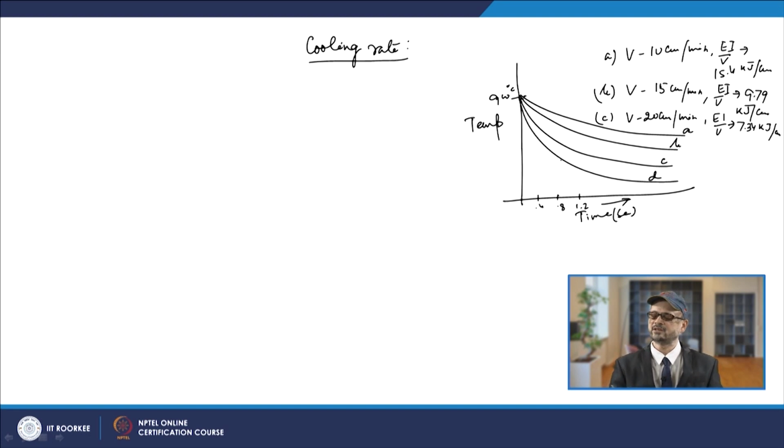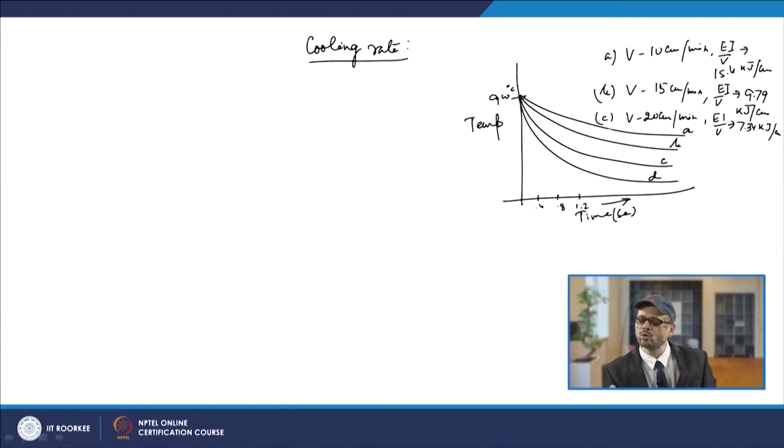With the EI upon V value increasing, the temperature decreases with time, but the difference of temperature with time will be more in case of D as compared to A. If you increase the EI upon V value, moving towards A, your temperature difference is less, and once your temperature difference is less, your cooling rate will be less.